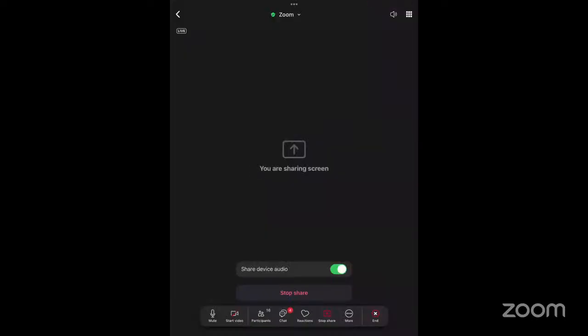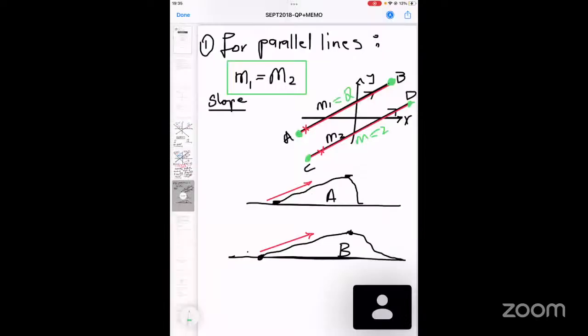Okay, looks like the screen disappeared very quickly. Let me just share the screen again. Okay, I think now the screen is showing, blank page.